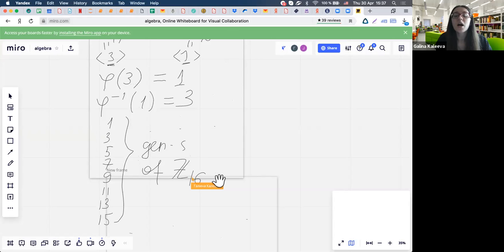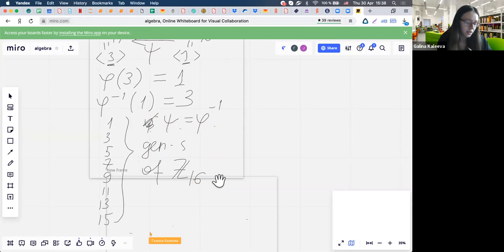Okay, so you have a question? No? So now we should apply phi to the minus first power to all of these elements. Let it be denoted by psi. Here we have phi, and psi is a phi to the minus first power. It's the inverse isomorphism. So how does it map our elements?